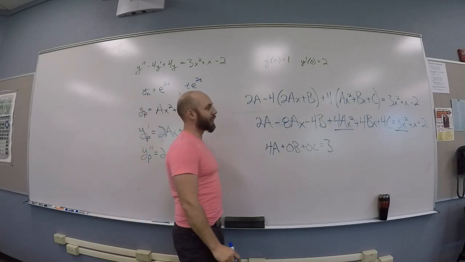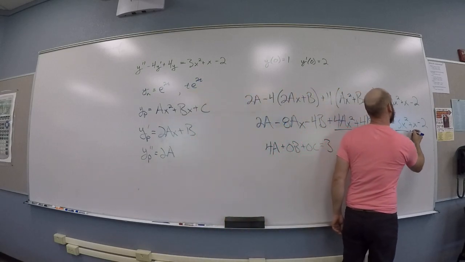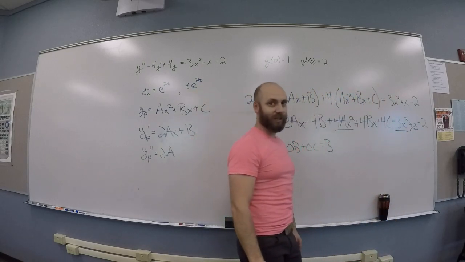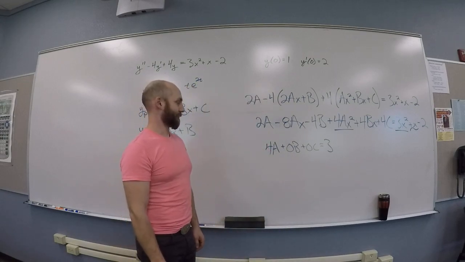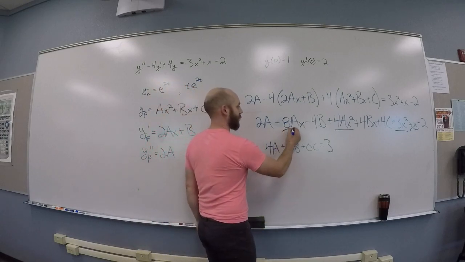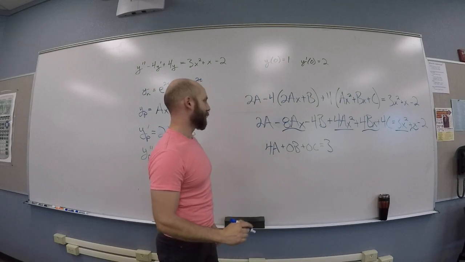And then go through and find the terms with x's in them, squiggly underline them. Where are the others? Negative 8a and 4b. There's an 8a and a 4b, and I think that's all of them.